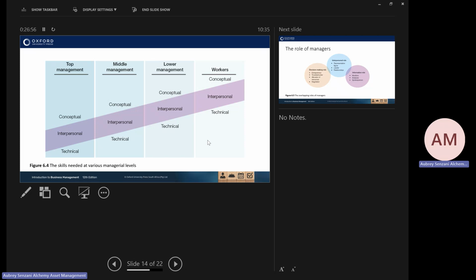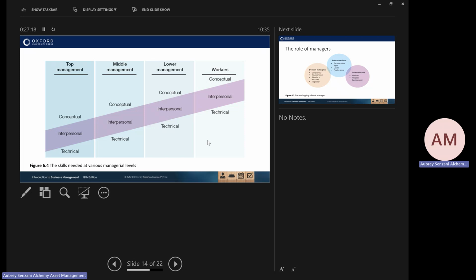They say the technical skill is the ability to use the knowledge or techniques of a particular discipline, and the knowledge of accountancy or engineering or economics is an example of a technical task. Managers at the lower level, in particular, should have sufficient knowledge of the technical activities they have to supervise.